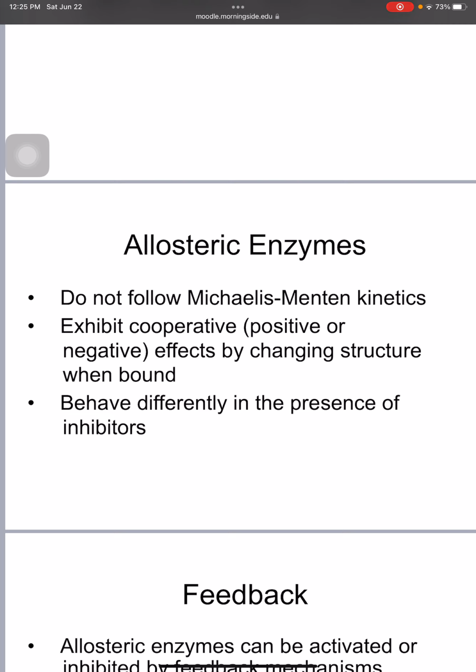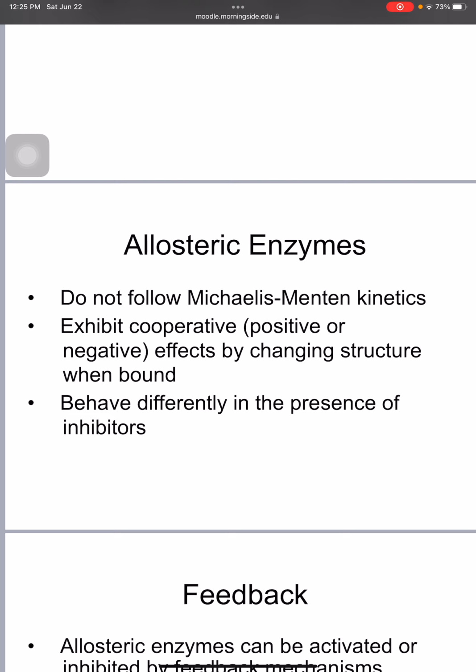Excuse me. So basically, what it means to exhibit cooperative effects is that when something binds to that enzyme, it fundamentally changes not its chemical structure, but its physical structure, its folding patterns, its geometry, its angles. So whenever something binds and causes this shift, that can affect its future activity.